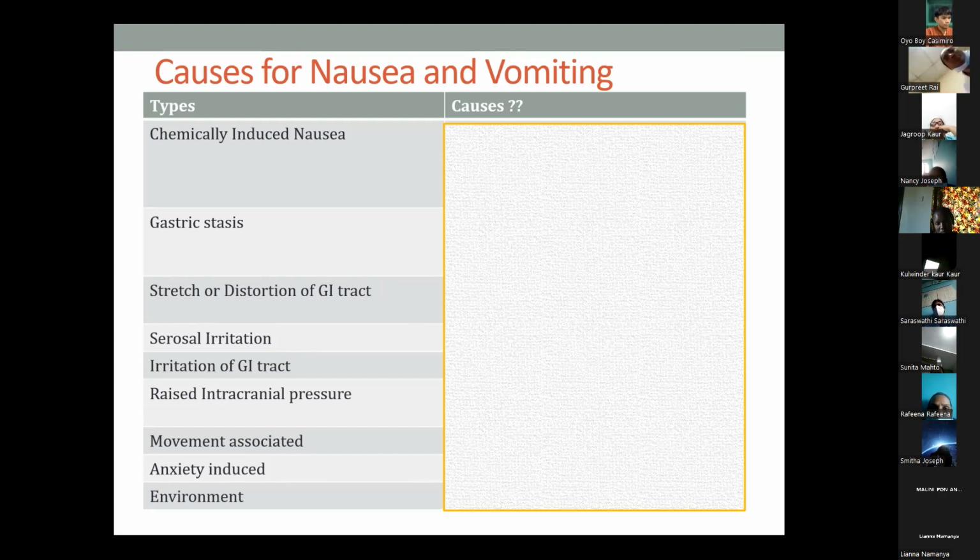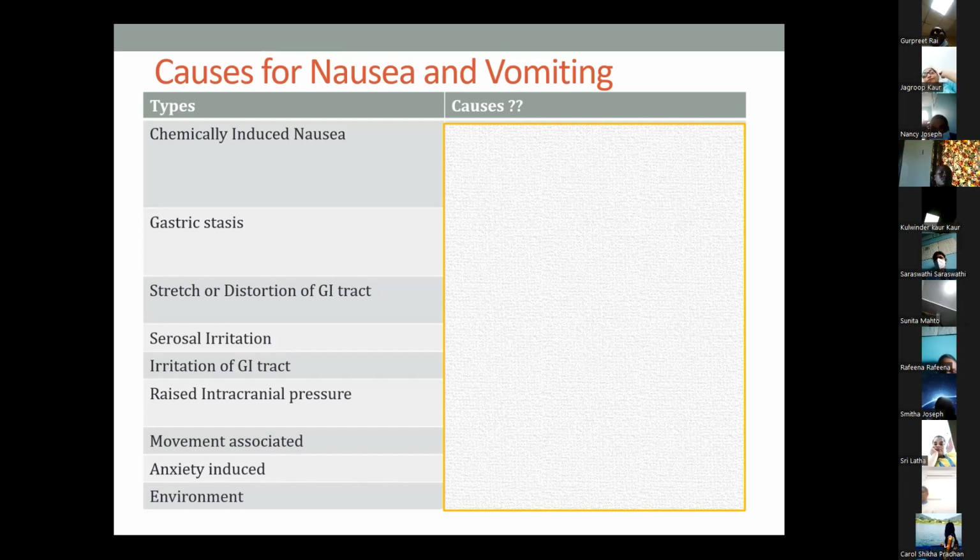All these can cause nausea and vomiting, isn't it? Some antibiotics can also cause nausea and vomiting, right? And also sometimes electrolyte imbalances, like when there is kidney failure and the blood urea levels are high, hyperuricemia, and sometimes even hypercalcemia. All these things can cause nausea and vomiting.